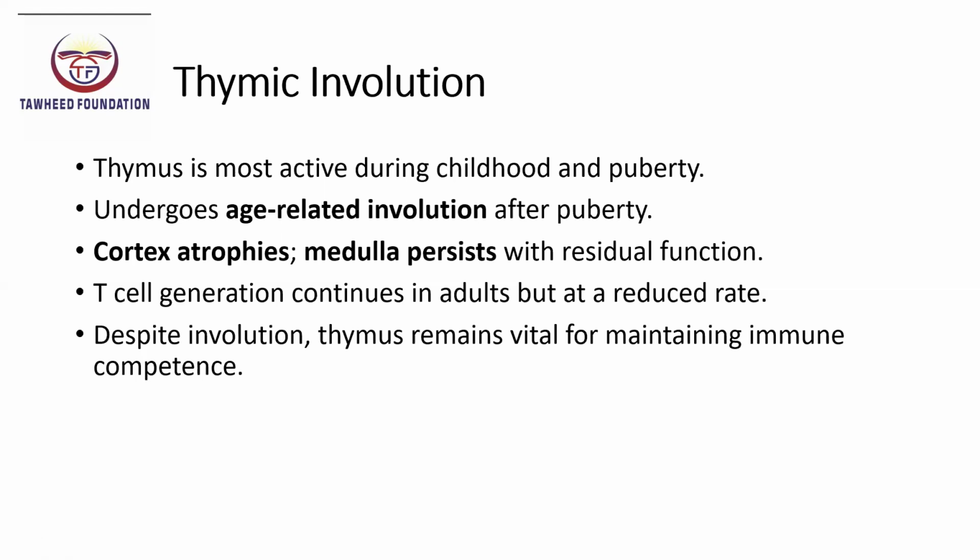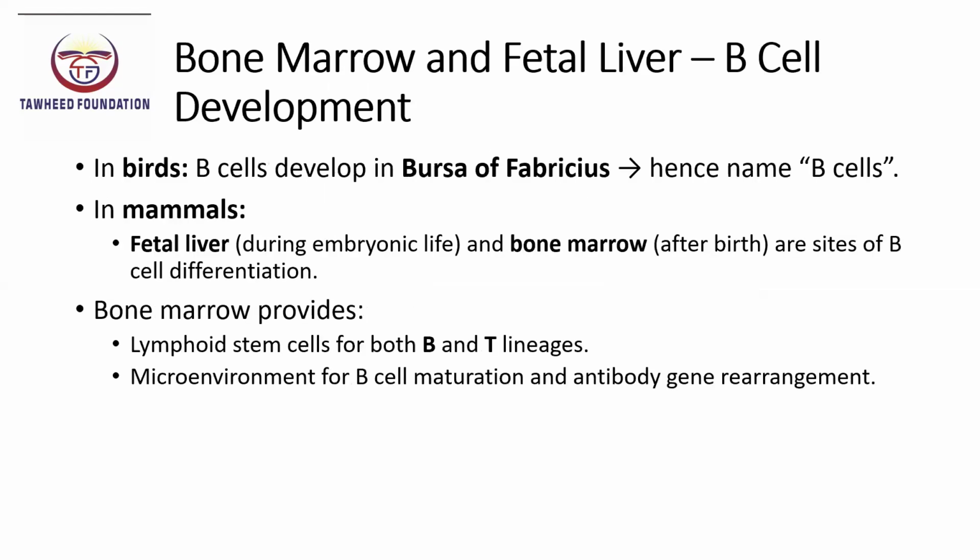Clinically, this explains why older adults may have slower immune responses and a reduced ability to recover from new infections. So, T cell generation continues in adults but at a reduced rate. Despite involution, the thymus remains vital for maintaining immune competence.